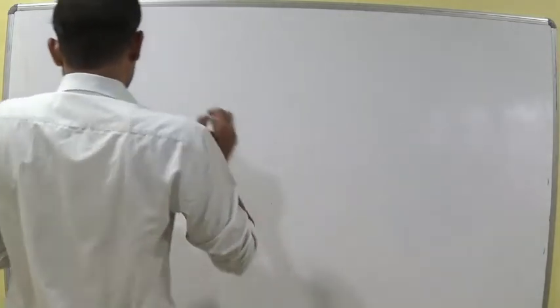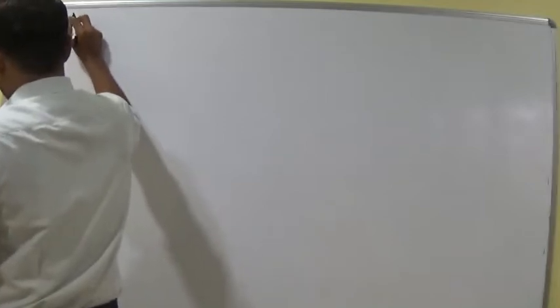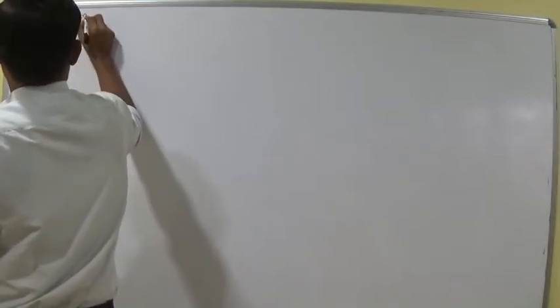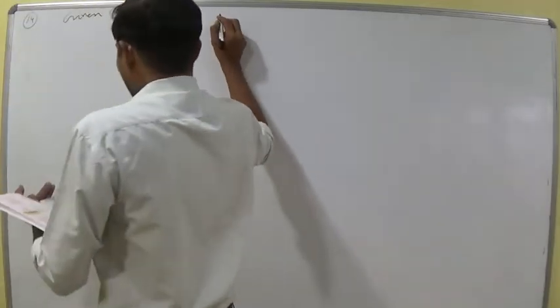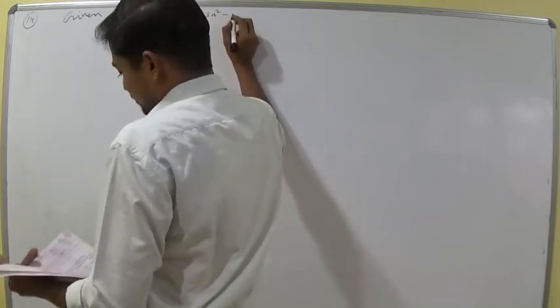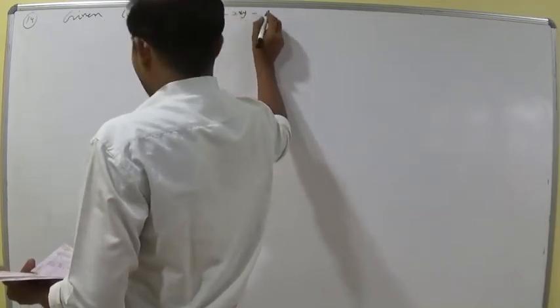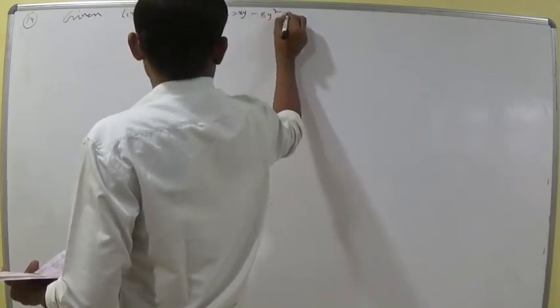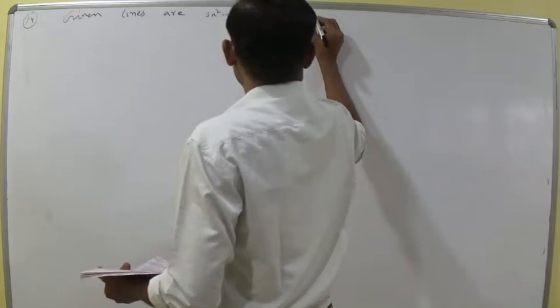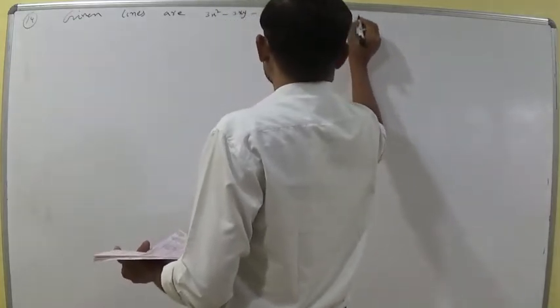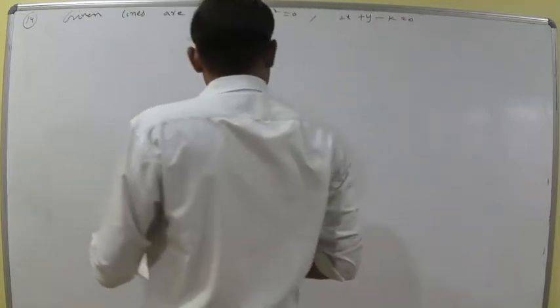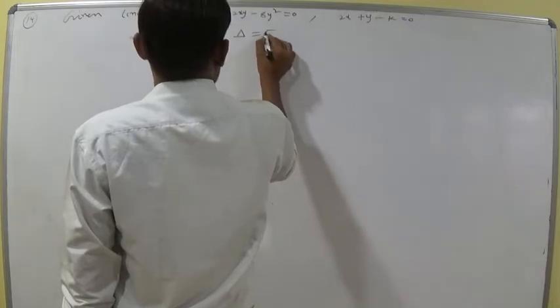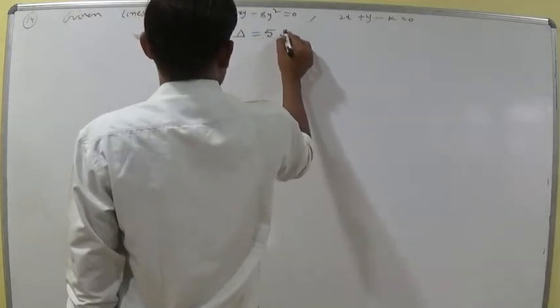Area of the triangle formed by the lines. This is the 14th one. Given lines are 3x square minus 2xy minus 8y square equal to 0, and 2x plus y minus k equal to 0, and the area is also given here: delta is equal to 5 square units.